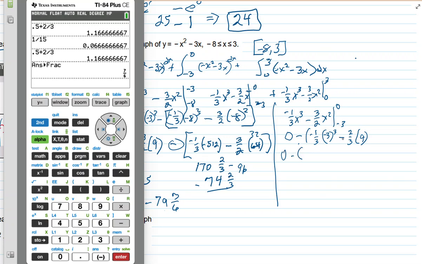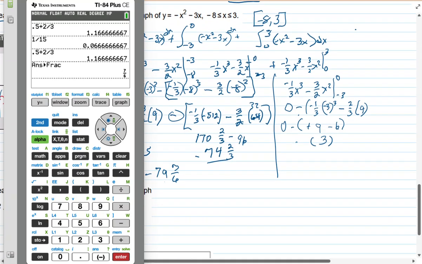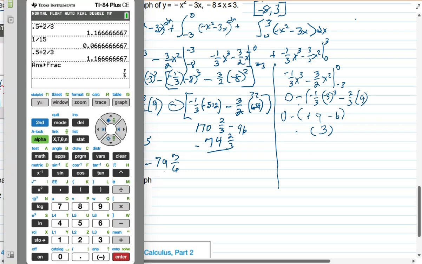This is going to be a positive. This is 27. 3 to the 3 is 27. That's -9. And this is going to be minus, and this is 3, 6. Okay. And this one's a positive. I'm sorry. And that's going to give me a 3. And it said 4.5. And that's close enough. But I did the math right on that guy.